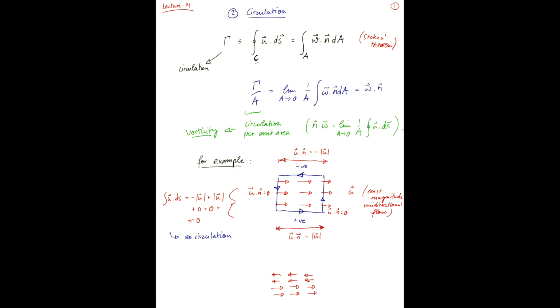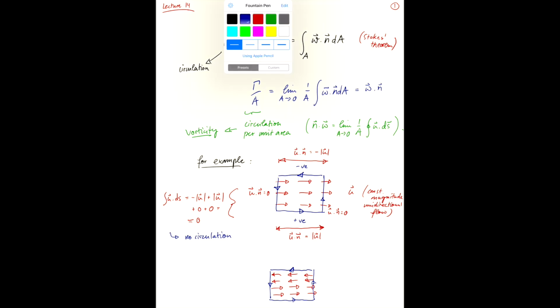So in this case, if we consider the same boundary loop and again integrate in the counterclockwise direction, then up top, we have u dot n equals u, the magnitude of u, because now the flow is in the direction of our integral.